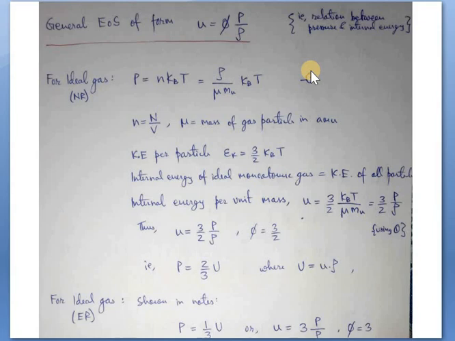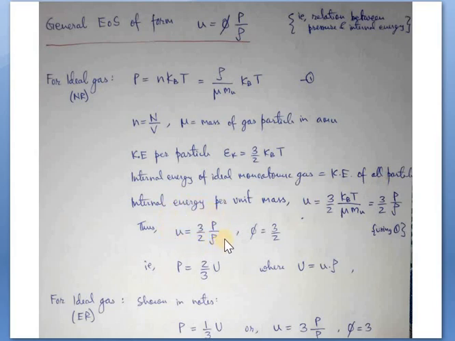As you can see from the screen, we can write it like this, and after defining the kinetic energy per particle, we can get the internal energy of an ideal monoatomic gas like this, which is equal to the kinetic energy of all particles. We do know that the internal energy per unit mass is given by this term, using equation 1, and thus we get this value.